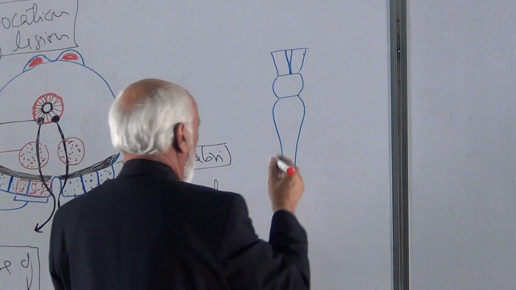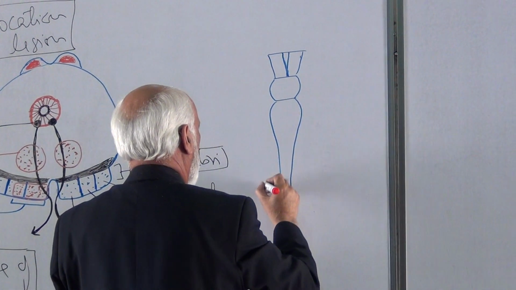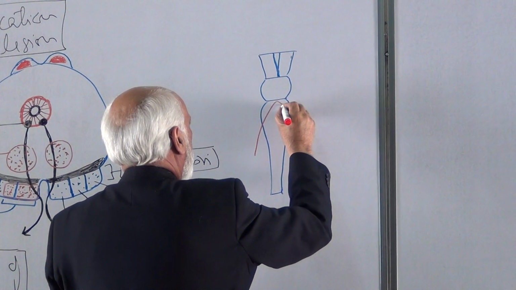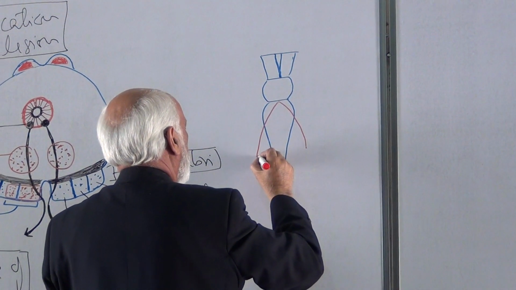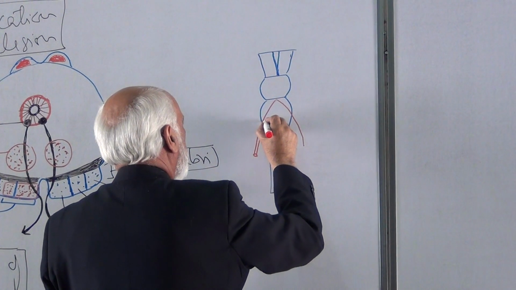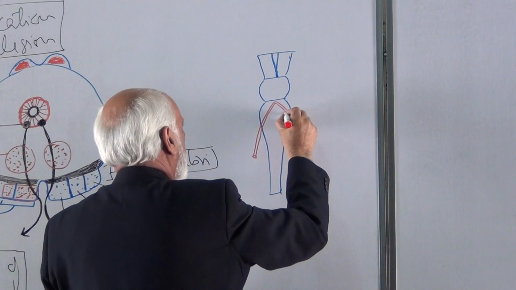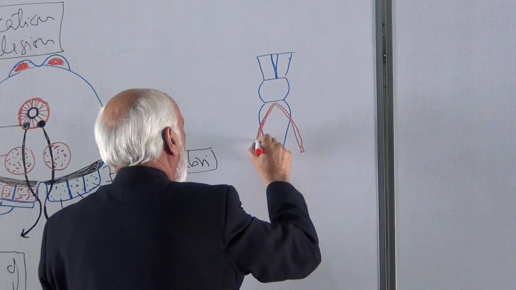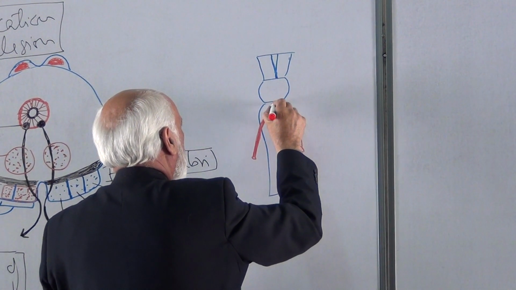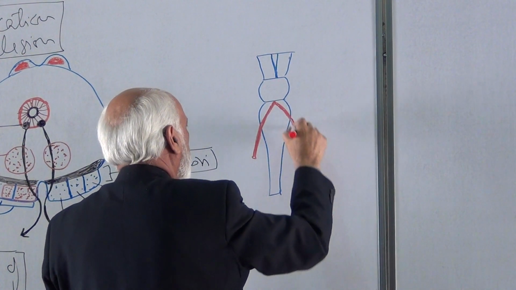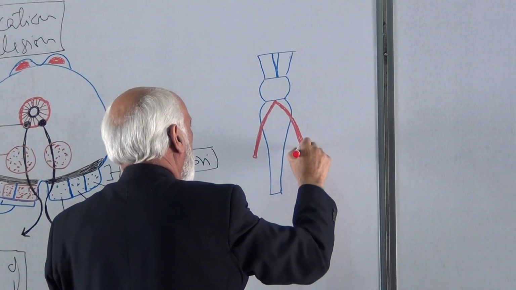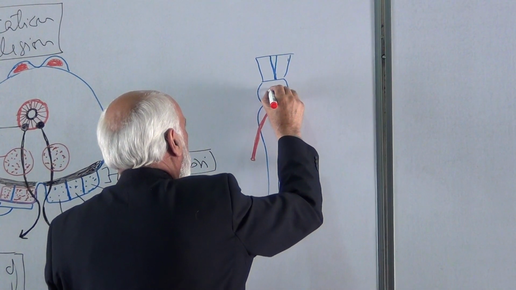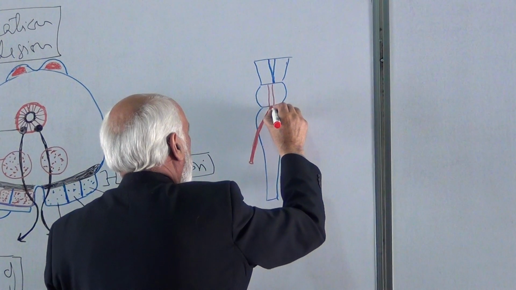We know that through the foramen magnum, the right and left vertebral arteries enter the cranial cavity, and these two vertebral arteries join together at the level of the lower border of the pons and form the basilar artery.